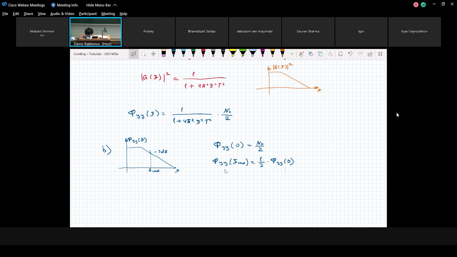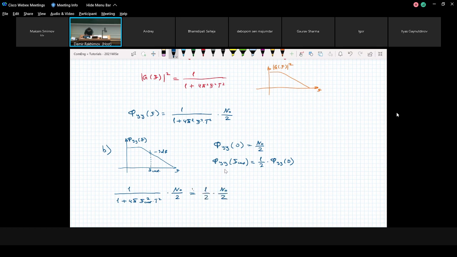And we can write the power spectral density for the cutoff frequency: 1 plus 4 pi f cut square times T square, times N0 by 2, must be equal to 1 over 2 times N0 by 2.